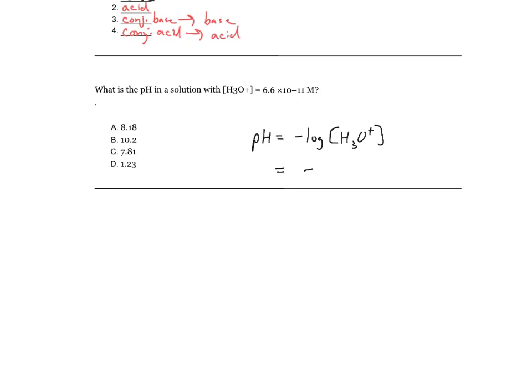So we just take the negative log of 6.6 times 10 to the minus 11 molar. And that pH is going to be 10.2.